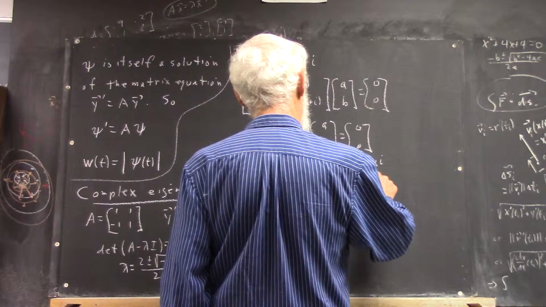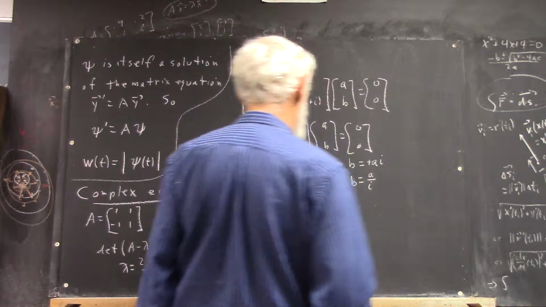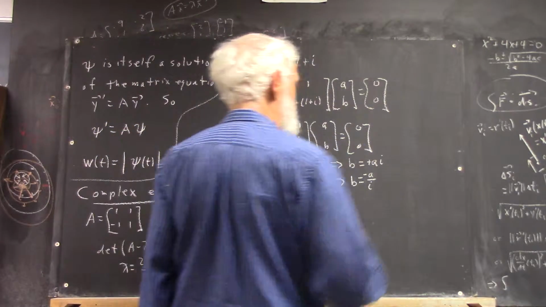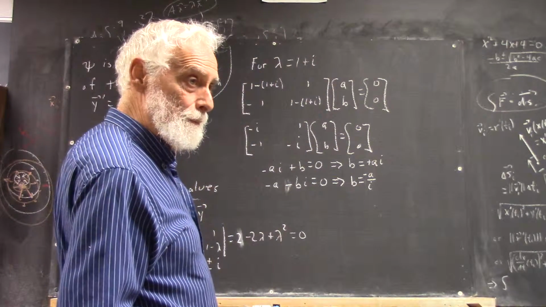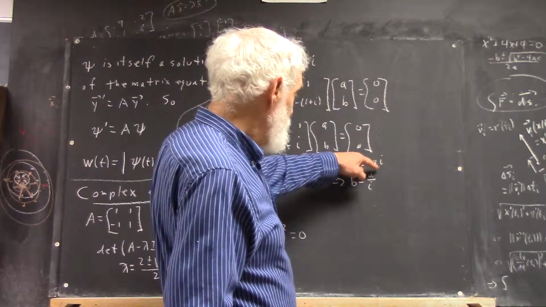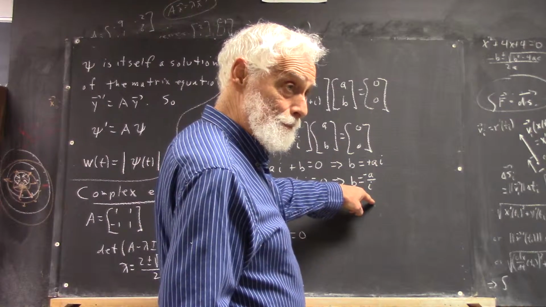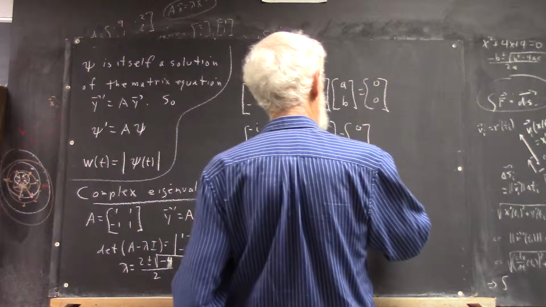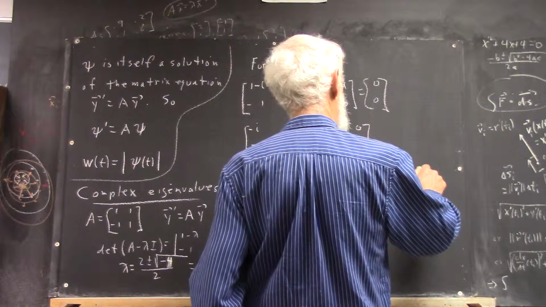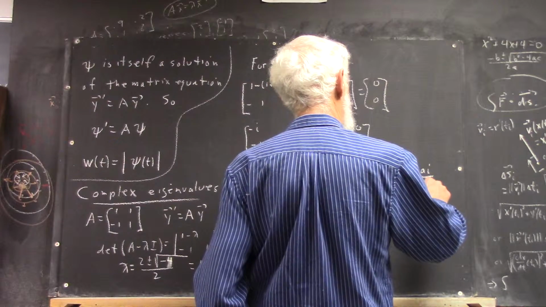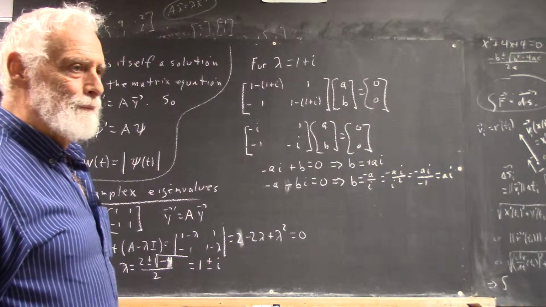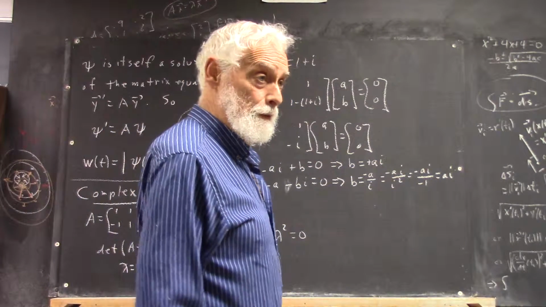So b would equal a divided by I. Would it be negative a divided by I? Okay? If I multiply the numerator and denominator here, I get negative ai over negative 1. So I'll even write that. Negative ai over I squared, which is negative ai over negative 1, which is ai.